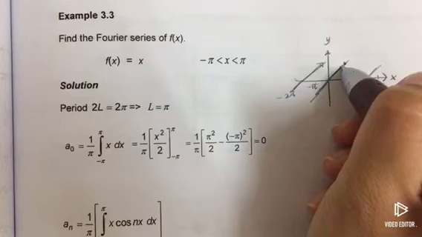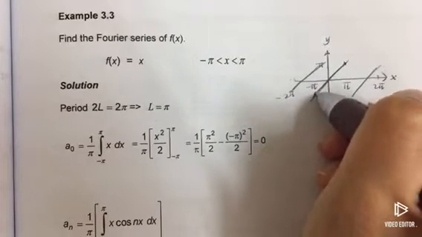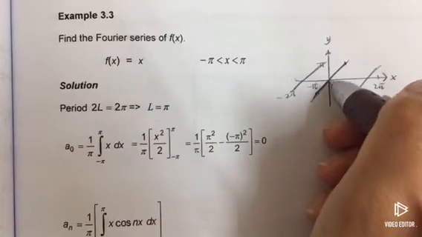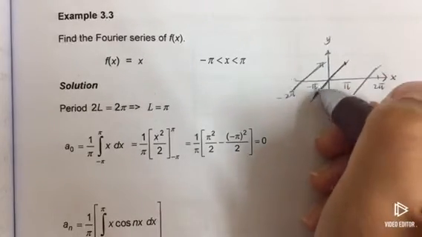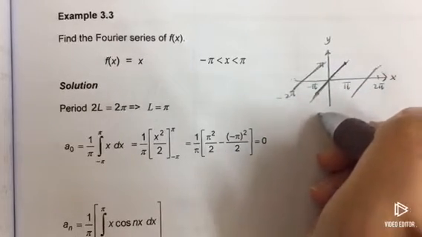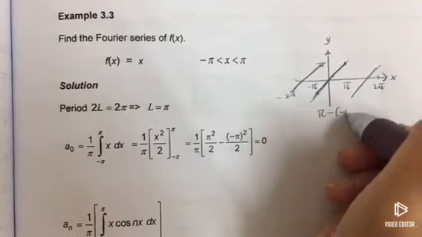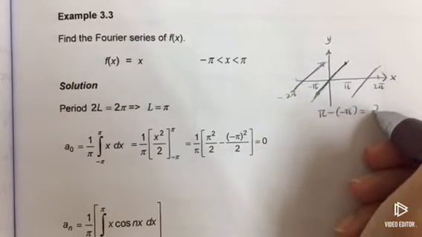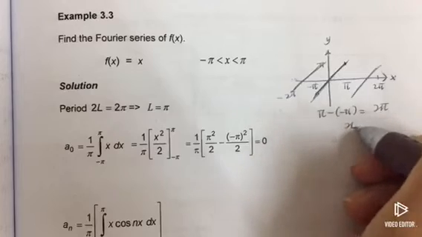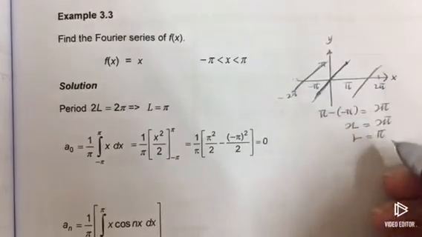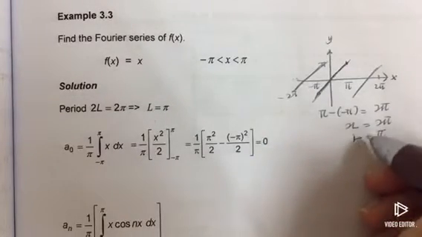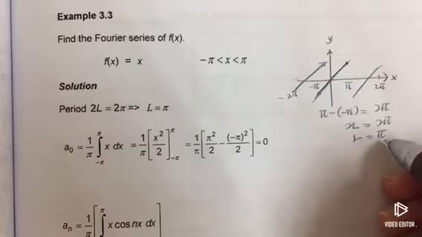Like this, the first line is a master copy, so we copy this one to the left and right. From negative pi to pi, pi minus negative pi equal to 2 pi, so 2L equal to 2 pi, L equal to pi. This is the period.